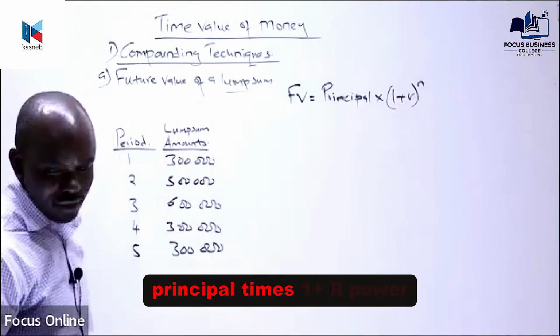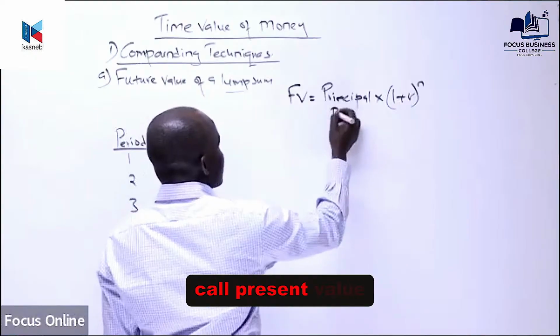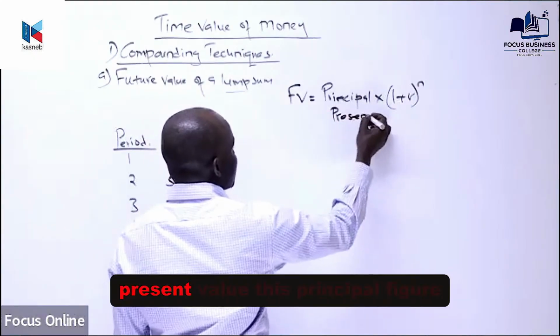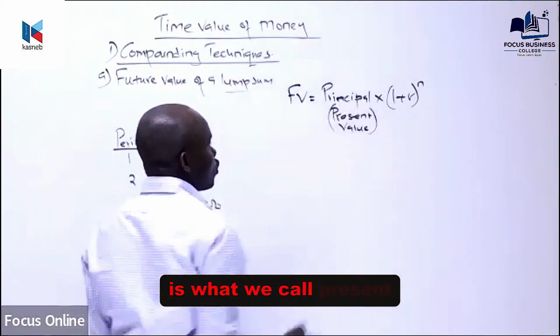Principal times 1 plus R power n. This principal figure here is what we call present value.